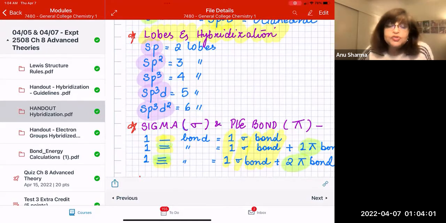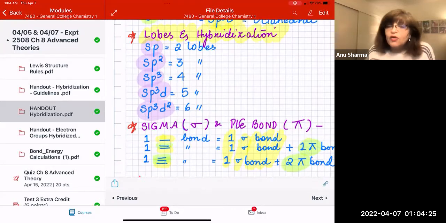And sp3d2 hybridization is 6 lobes. Now, if you're wondering what these 6 lobes are and what this sp3d2 is, I recommend that you look at the previous video in which there is an introduction to the hybridization, and I've specifically explained in the energy diagrams where the orbitals are mixing.